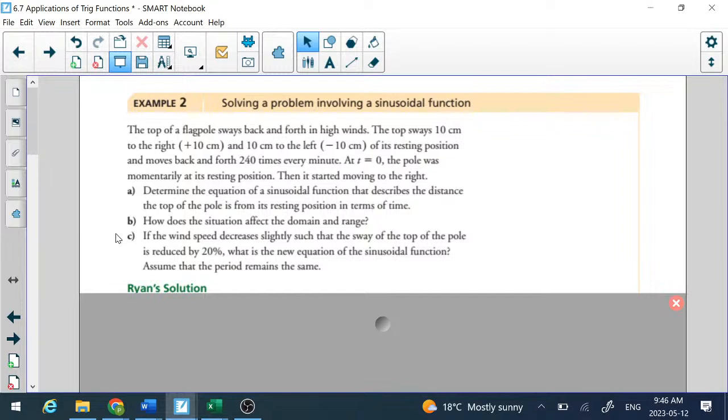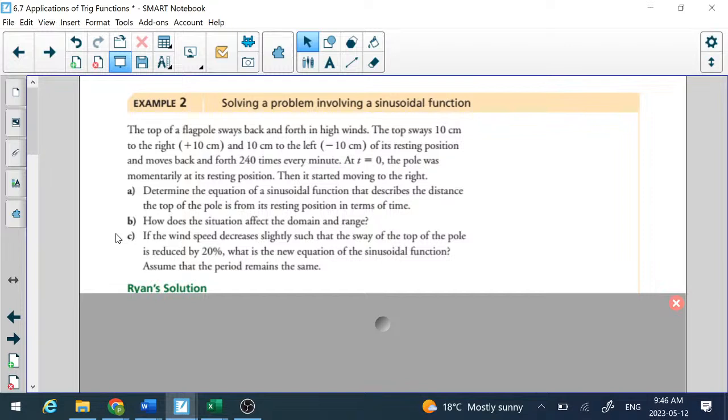The period is usually 360. Our period is 0.25. Did we compress our curve? So then this number should be a big number. So you got 360 divided by 0.25 and you get 1,440.